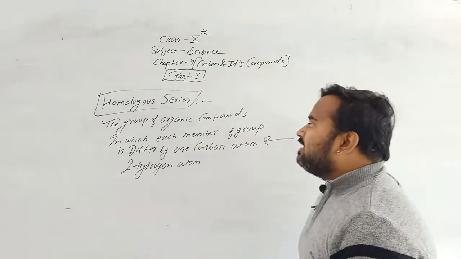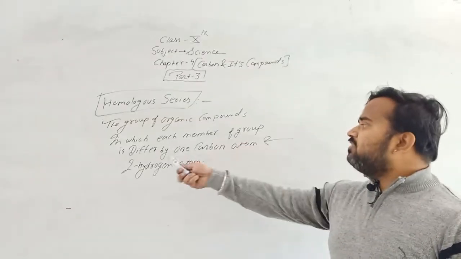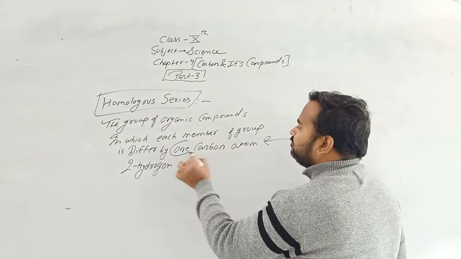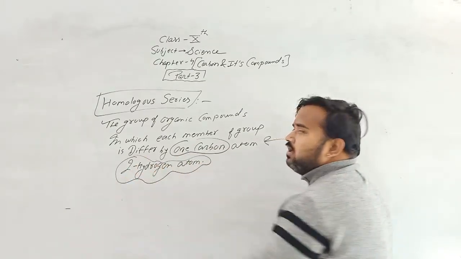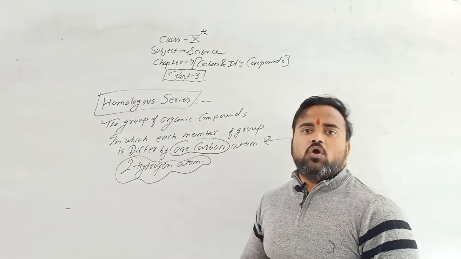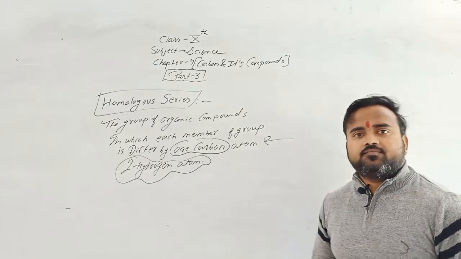A group of organic compounds in which each member of the group differs by one carbon atom and two hydrogen atoms is known as homologous series.